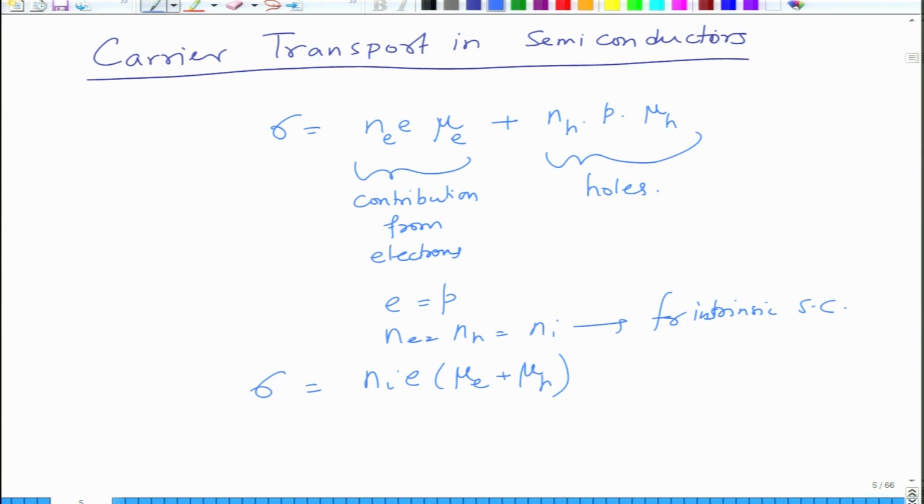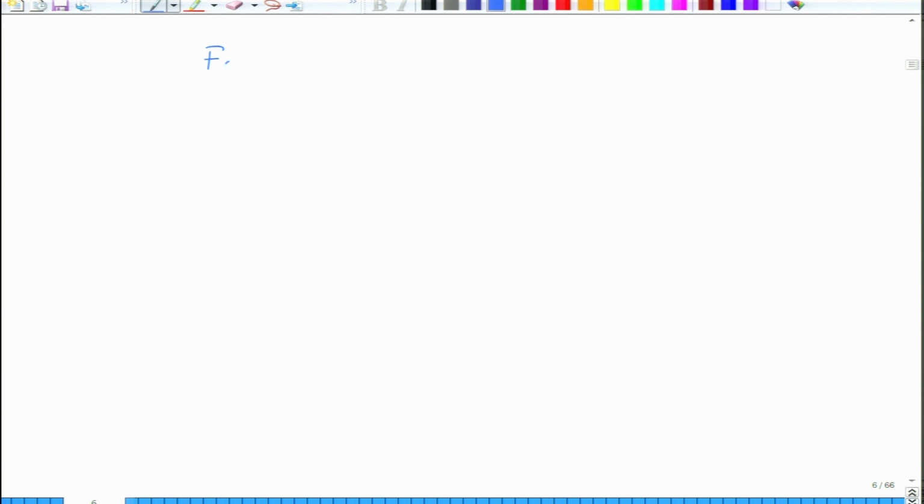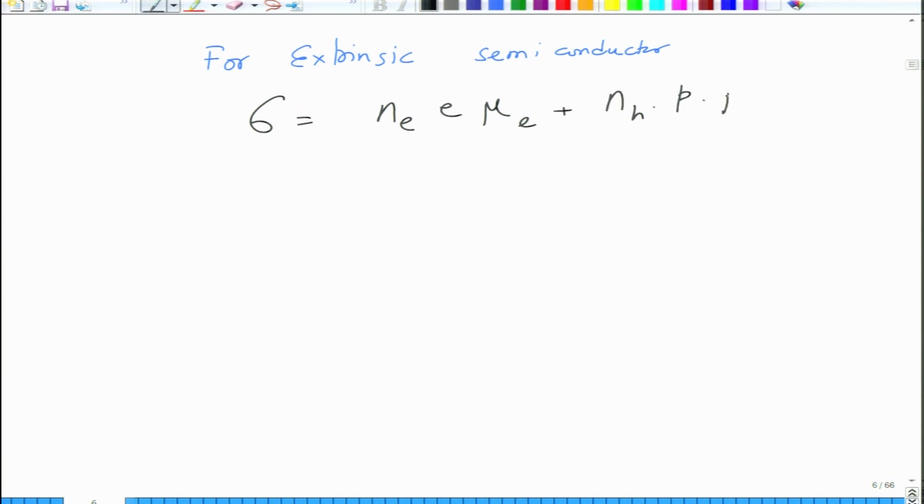However, for an extrinsic semiconductor, the expression changes a bit. So sigma is equal to Ne e mu e plus Nh e mu h, where e is the electronic charge, plus or minus one in both cases.